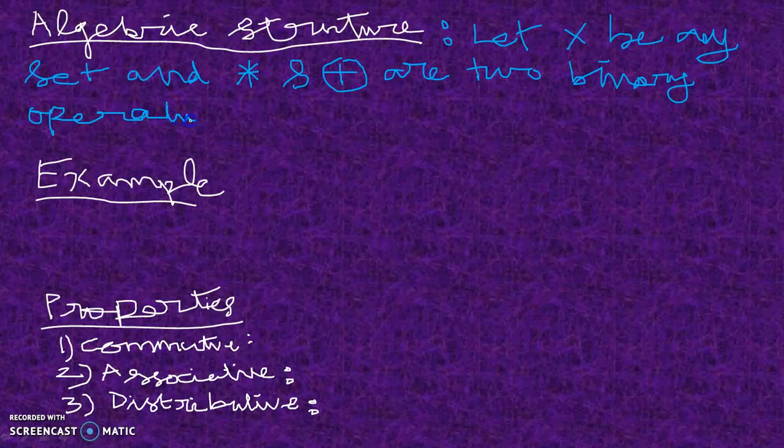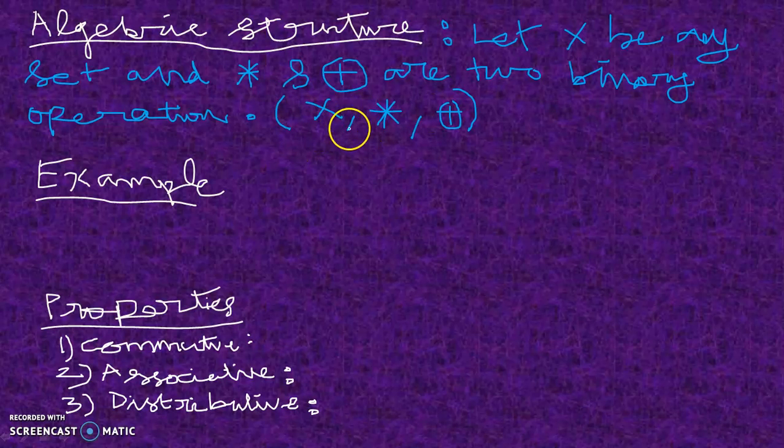Now I am giving a mathematical structure like this: X, the set I am taking into account, and the two operations, star and round plus. Now this structure, I call it an algebraic structure.